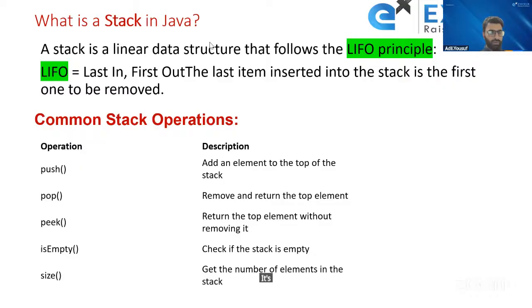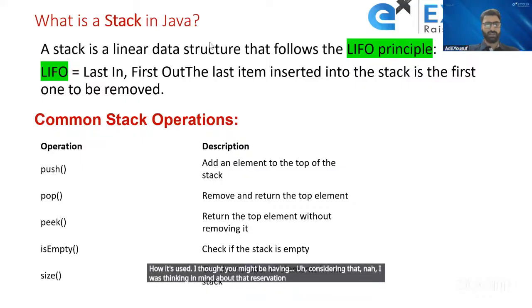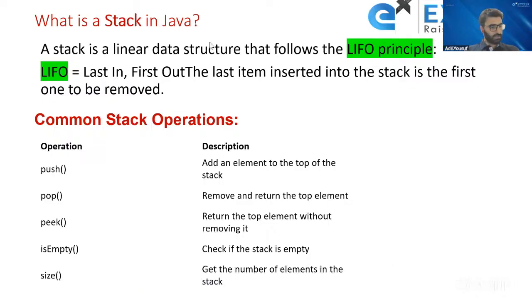It's for queue. Okay, that's why I got confused. I was thinking about online reservation, how seats are being allotted, but I didn't synchronize it. That is why I asked you. Okay, thank you for clearing it yourself.